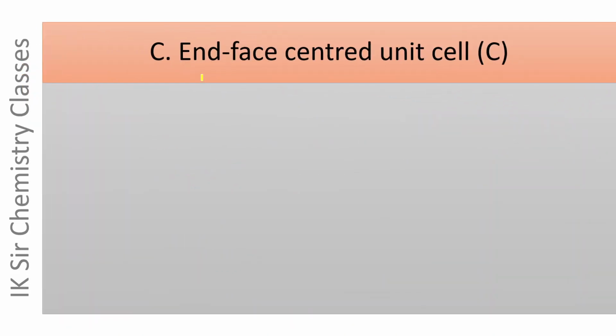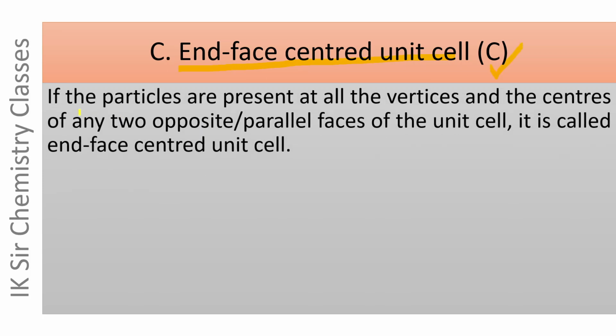And next type of centered unit cell is nothing but end face centered unit cell, which is denoted by C. If the particles are present at all the vertices and the centers of any two opposite or parallel faces of the unit cell, it is called end face centered unit cell.